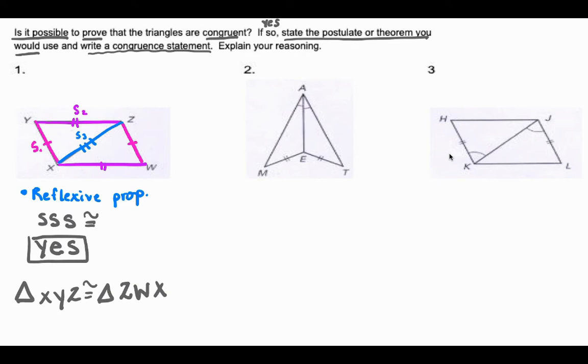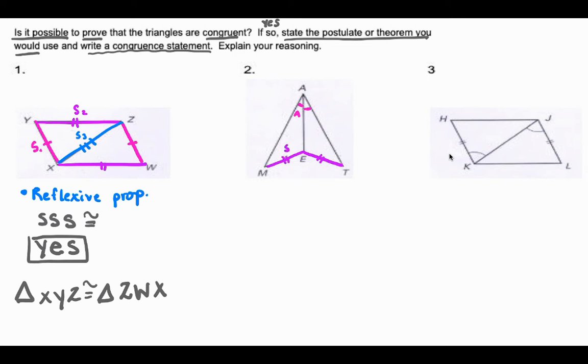Problem 2, I look at the marked information, and I see that I have a set of angles identified as being congruent. I see that I have a set of double marked sides identified as being congruent.